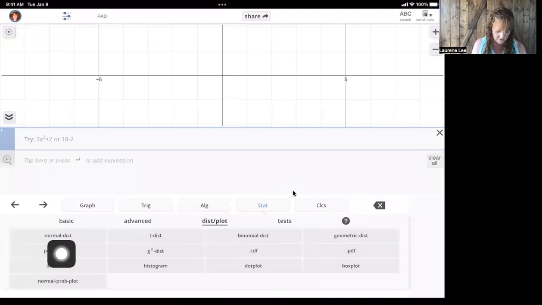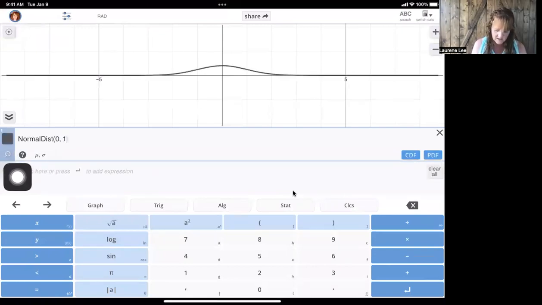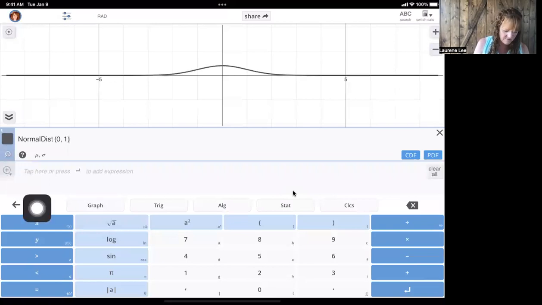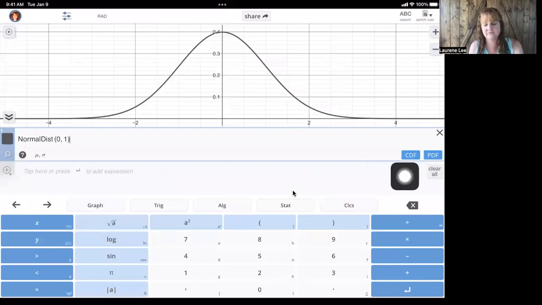I'm going normal distribution, and it prompts me right here for what's your mean and standard deviation. So I'm going 0 and 1. And remember, if you hit your magnifying glass right here, it'll pop that picture up and put it in scale. If you don't see a picture, hit the magnifying glass, and you should. And then you're going to go over here to CDF.